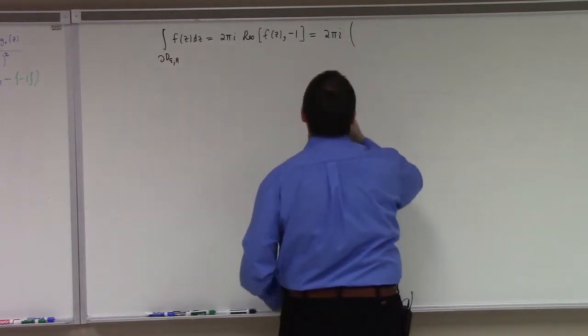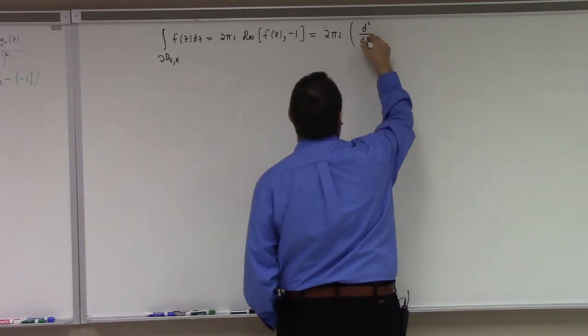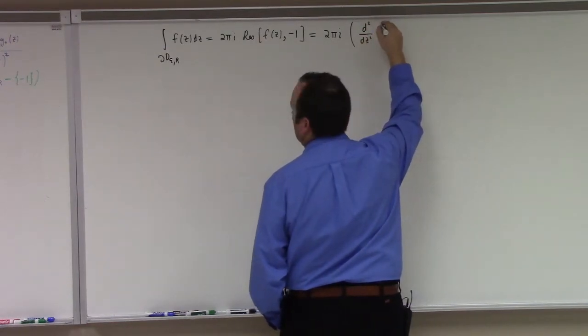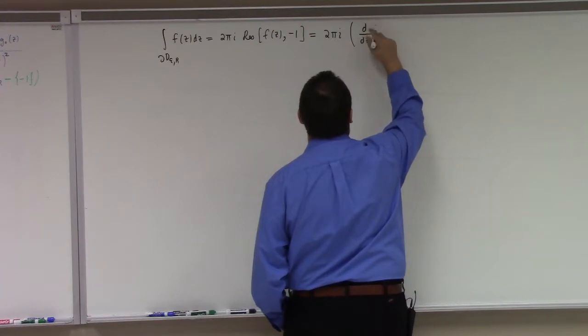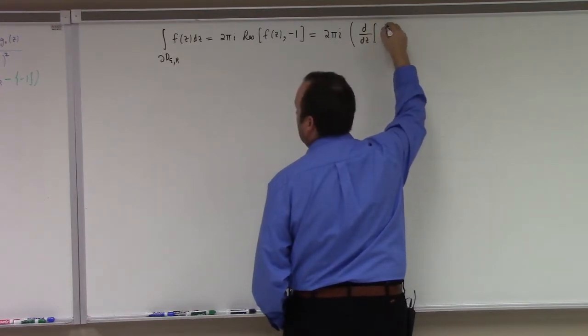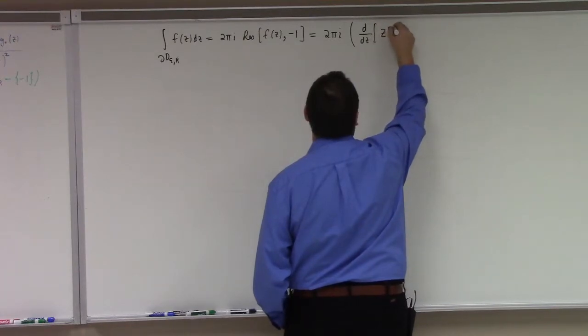We could use the, so let's do what? Do d squared, dz squared of, what is it? Oh. So it's just d/dz of z to the a, right?